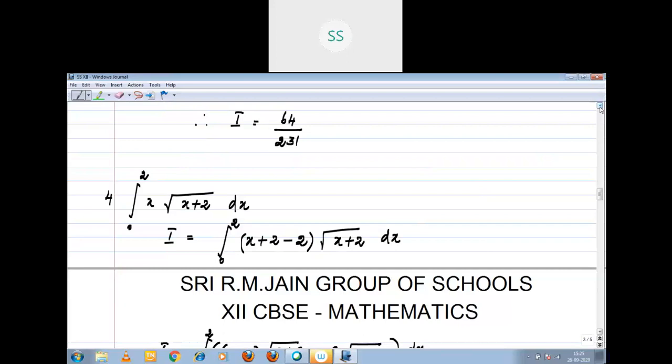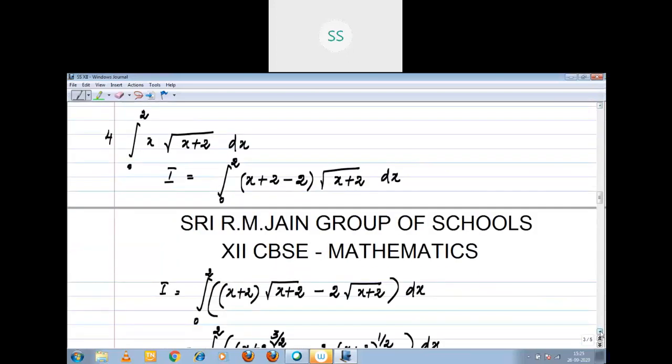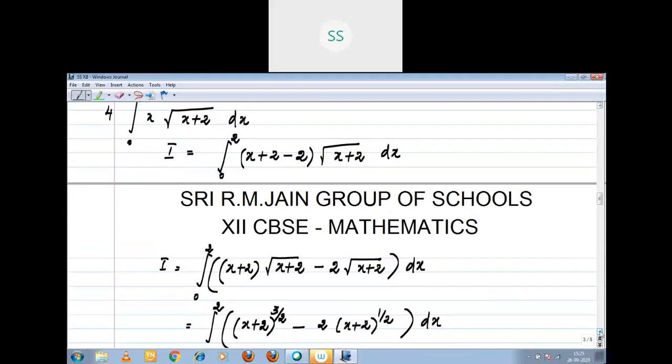I added 2 and subtracted 2. When I add and subtract, the function is not disturbed. So x plus 2 minus 2 into square root of x plus 2. Then I split and multiply: x plus 2 into square root of x plus 2 minus 2 into square root of x plus 2.